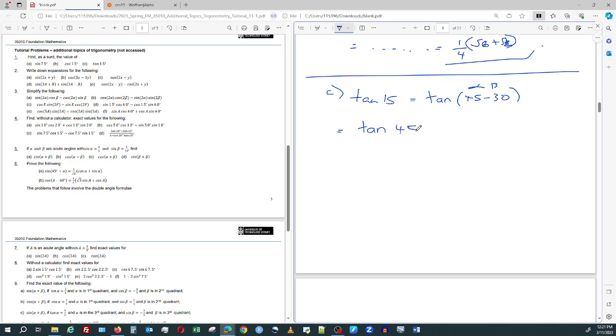45. Now I think in the workshop I did say that if it's tan pi on 2, which is 90, it's undefined. But this is not 90, it's 45, so this can be processed. You can look the workshop video up to see what it is that I'm actually talking about.